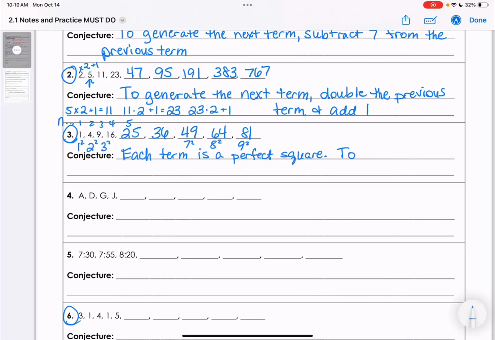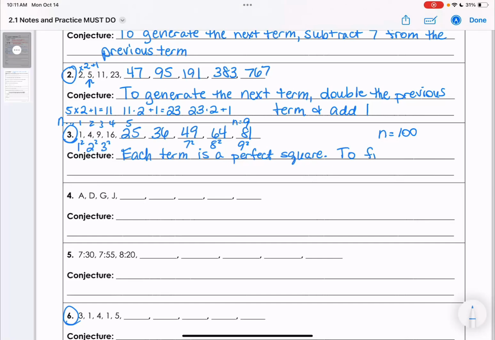Okay, so if we're trying to say this is 9, so n equals 9 here. If we go on and we're trying to find n equals 100, we would square that, 100 times 100, and that would give us the nth term.